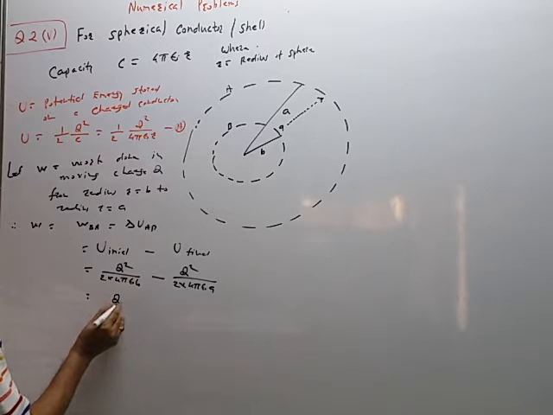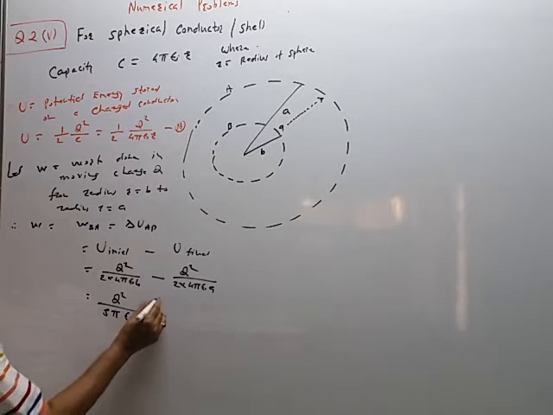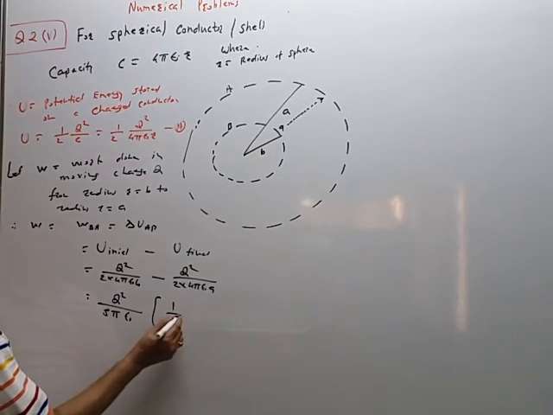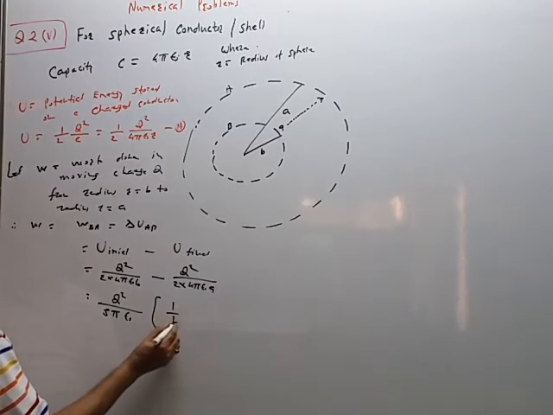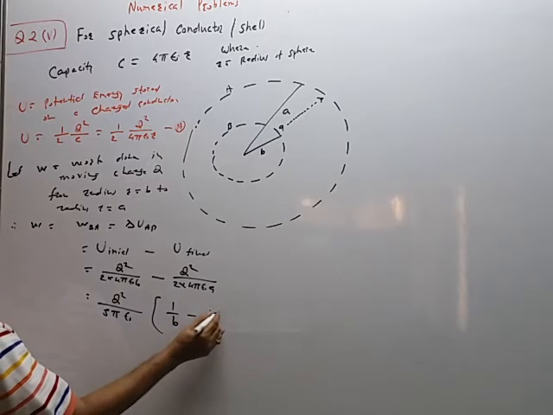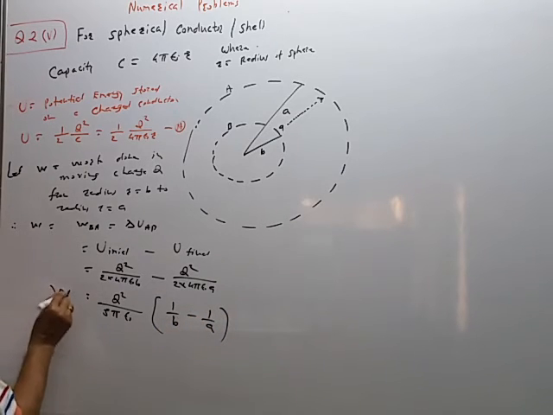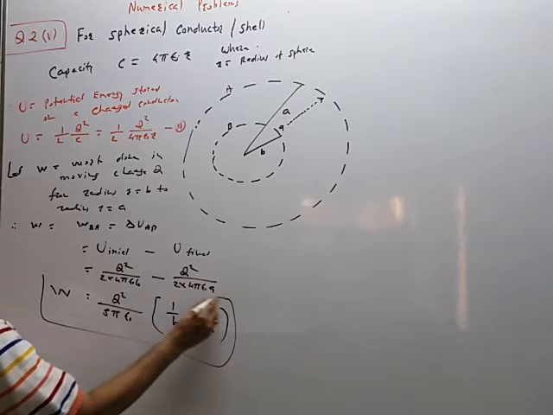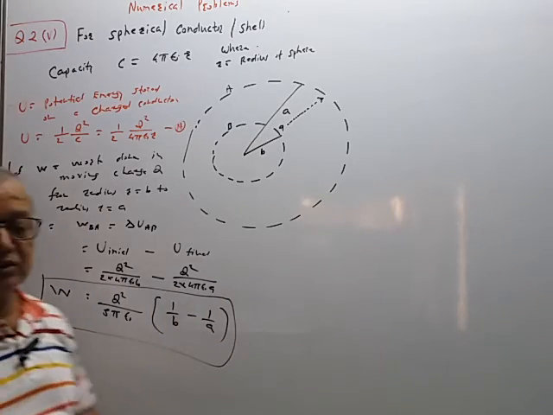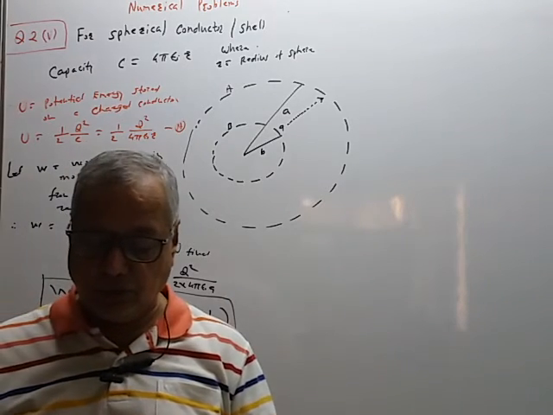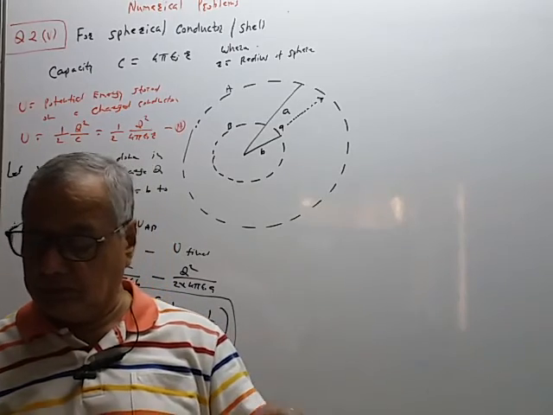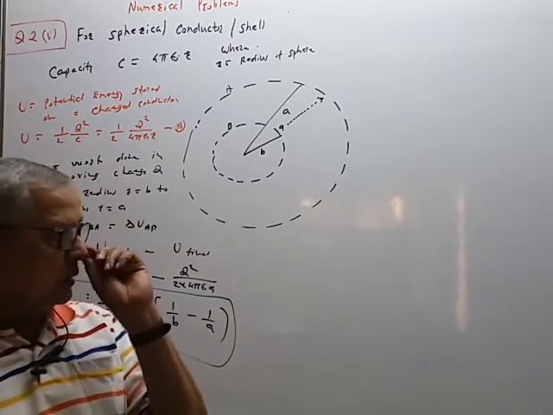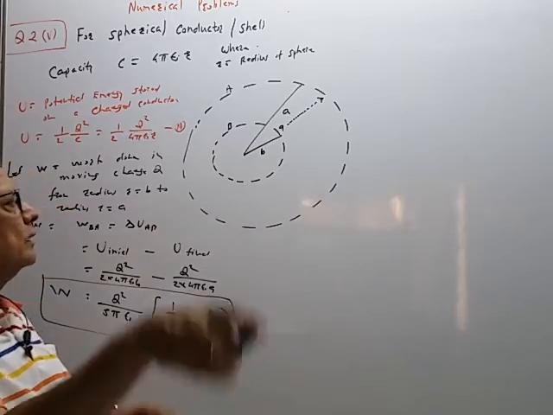So Q square upon 8 pi epsilon naught into bracket 1 upon b minus 1 upon a. So this much work is required. Q is a charge, capital Q, small q. So this is the answer, like this.